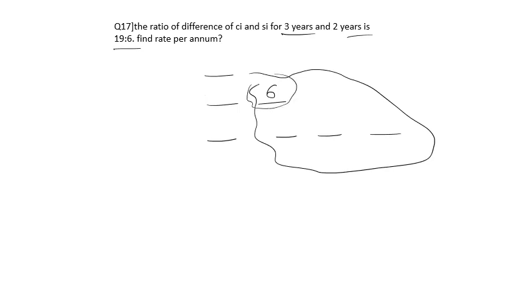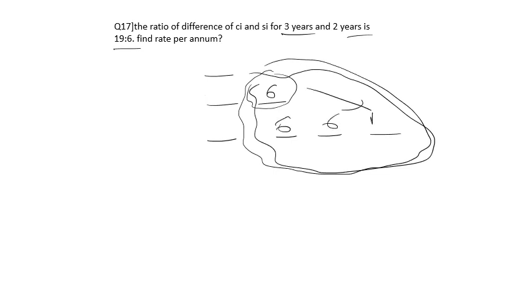This is 6, and the 3 year difference is this complete part that I have encircled. This is given as 19:6. So this is 6, this is 6, and this is 1. So 1 by 6, this is 16.66%. That's the answer.